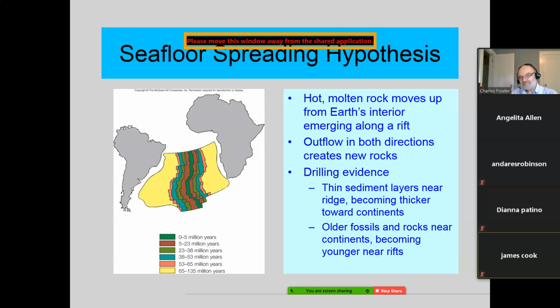Now, here's one representation of it. This is mostly probably taken from what they call carbon-14 data. These are data that they measure the amount of carbon-14 in any organic material that's down there. Carbon-14 is a relatively rare isotope of carbon.